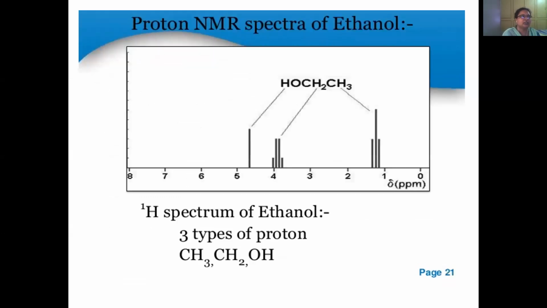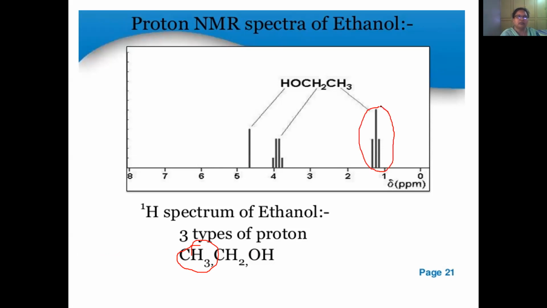This is an example of the proton NMR spectrum of ethanol. You can see CH3, CH2, OH. There are 3 protons here, 2 protons here, and the OH proton here, and we are getting 3 signals. As I told you for the chemical shift value, these 3 protons on the methyl should come here.